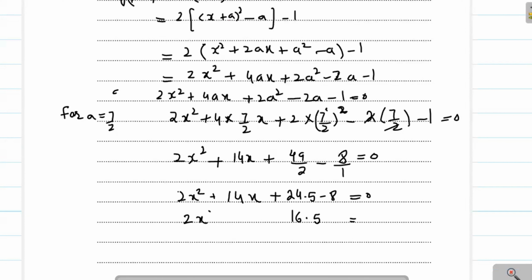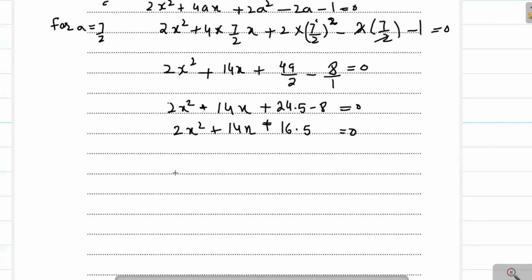We write 2x squared plus 14x plus 16.5 equal to 0. Now if we multiply it by 2, we get 4x squared plus 28x plus 33 equal to 0.